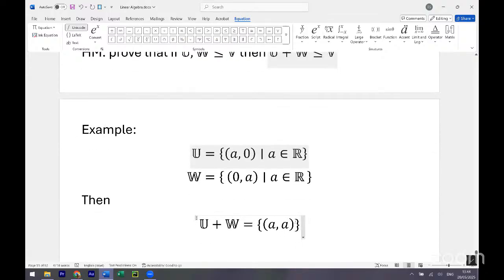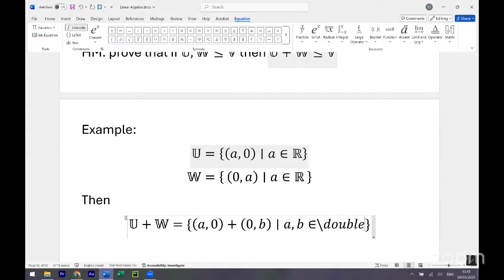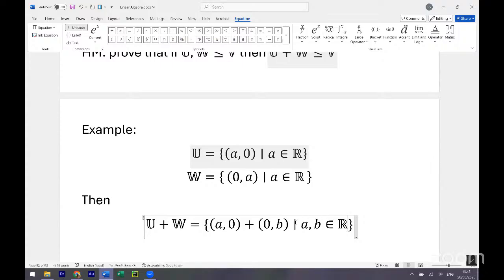So the correct thing to do is all of the (a, 0) plus (0, b), where a and b are real numbers. You see why? Because I'm taking an arbitrary element here and an arbitrary element here, and I sum them up, not necessarily using the same letter.